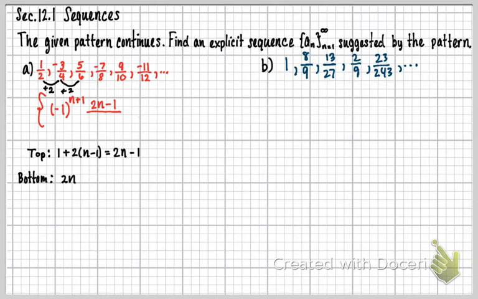And then to get a 2 when I plug in a 1, it would have to be plus 0, because when I put a 1 there, it's going to give me my 2. So it's just going to be 2n. So that's the bottom. So this here would be my sequence.